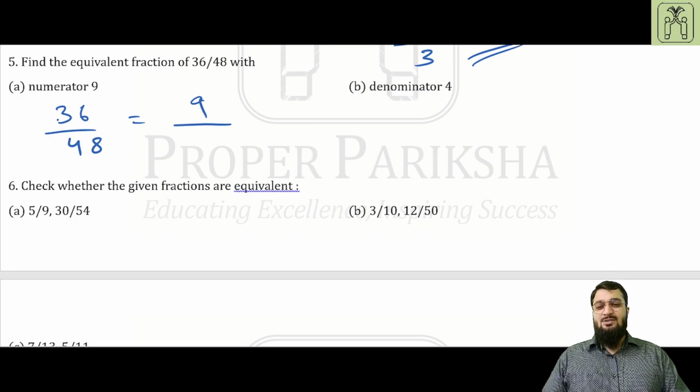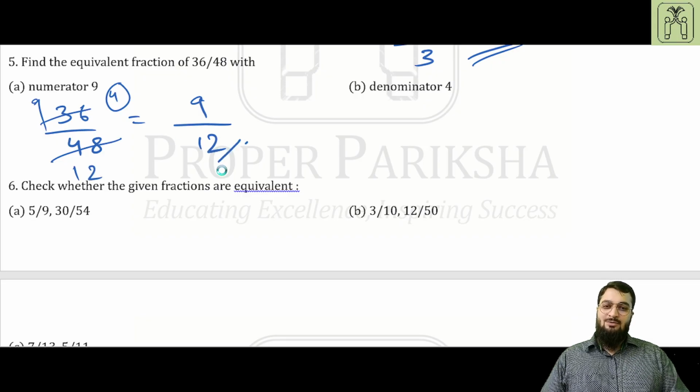So I'll just try to simplify it. I'll take 4 as the common factor, and 4 9 times 36, and 4 1 times 2, it will be 12. So therefore denominator will be 12 and fraction will be 9 upon 12.